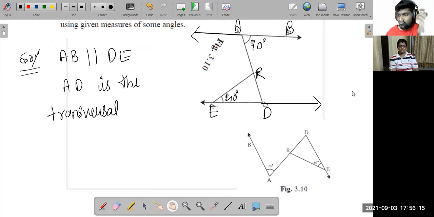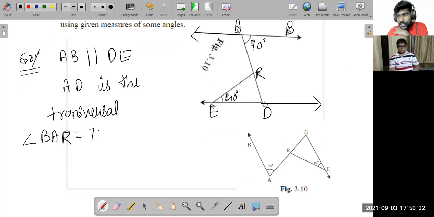Okay, now what is given? Angle BAR is given as 70 degrees. But can you see BAR will be congruent to which angle? Alternate interior angle. Yes, but which are the two pairs?